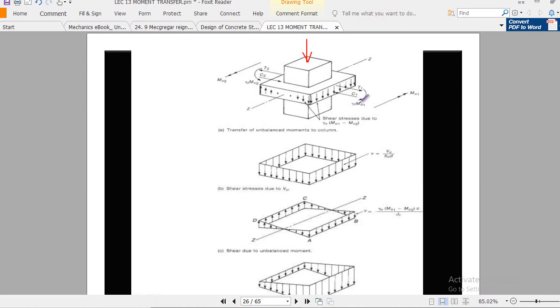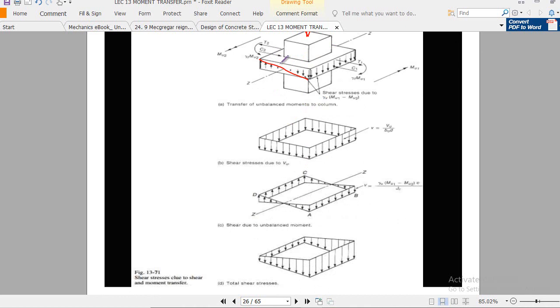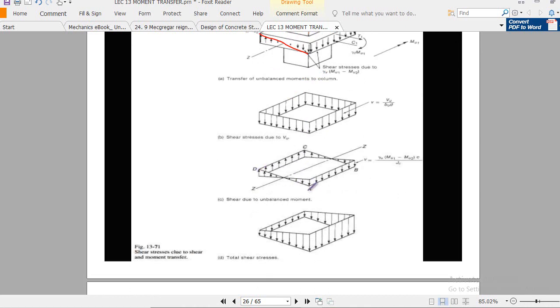One part is directly transferred through flexure, the other part is transferred through this eccentric shear stress. Now this eccentric shear, you see the distribution at this face is uniformly distributed, but here you see the arrow lines look like this shape. You already discussed it. Now here you see the variation in this pattern.